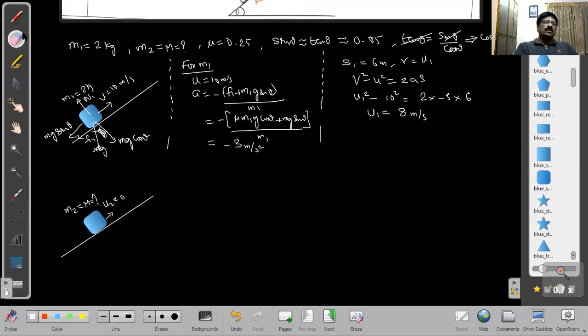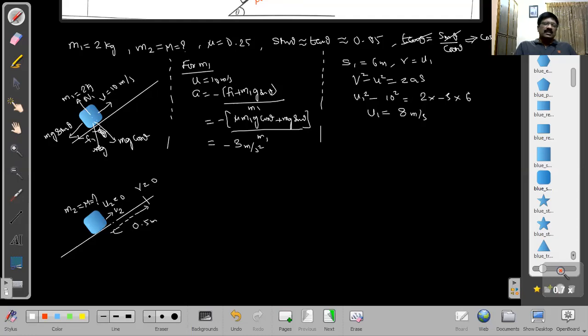So whenever the first block makes collision with the second block, it travels with a velocity v2, and after it travels some certain distance, its velocity becomes 0. That means the final velocity of the second block becomes 0 after it has traveled a distance equal to 0.5 meter. That is given in the problem. So with what velocity it starts motion after collision, that we have to find.